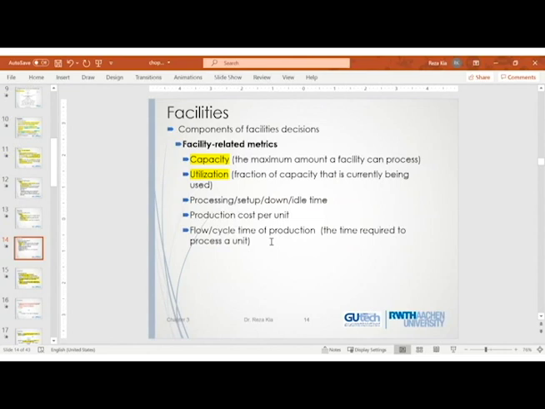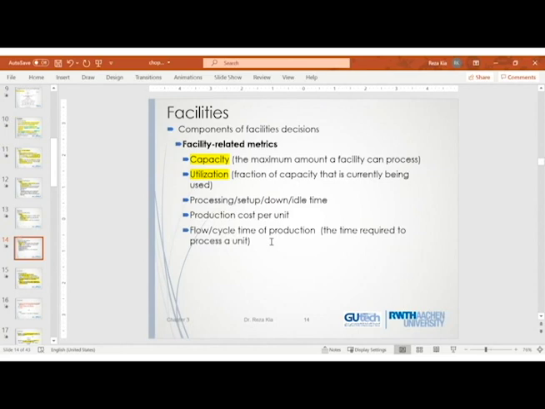The utilization level is another important metric, which is how much you are using of your facility capacity, because there is a nominal capacity, but in the actual plant, maybe the level of utilization will be lower. The other metrics are related to processing time, setup time, downtime, and idle time.